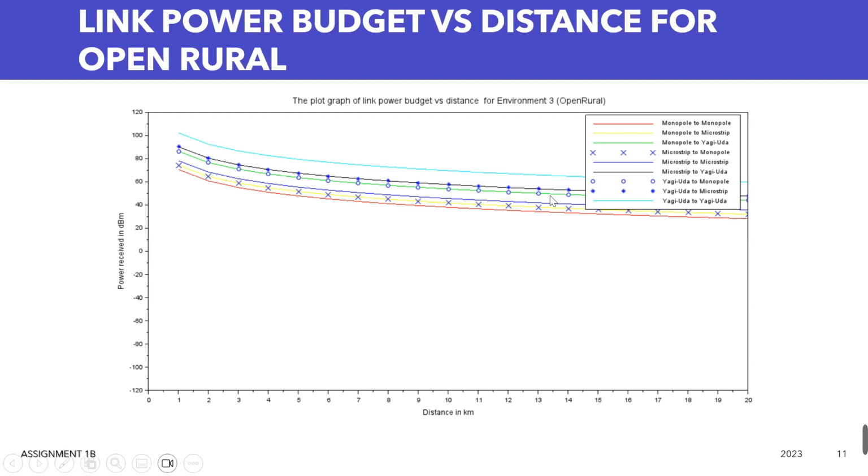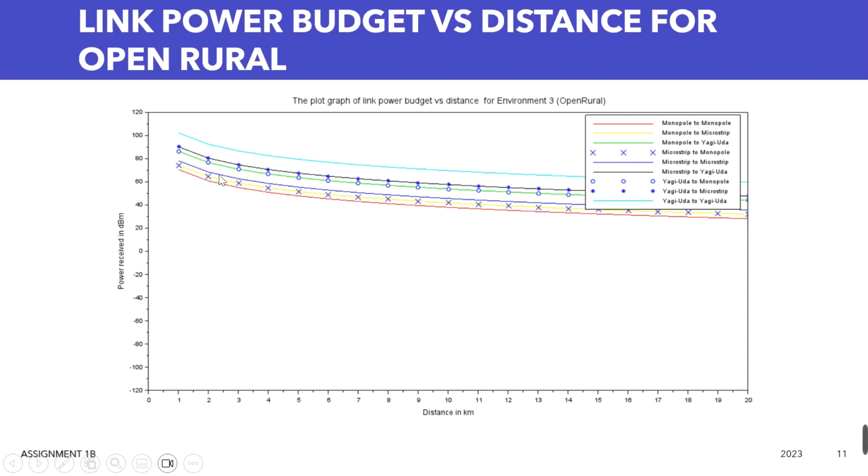But it is also the same that when the distance is high, the power received will become lower. As we can see here, the lowest one is monopole to monopole. For a distance of 1 kilometer, it is around 70 dBm, while at 20 kilometers, it is around 40 dBm.